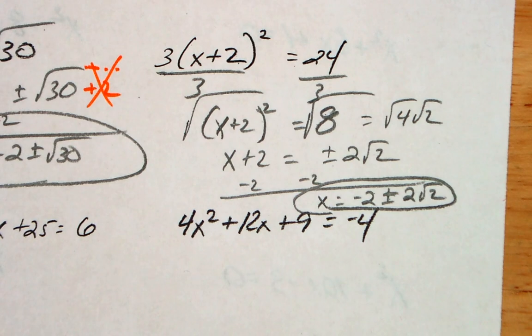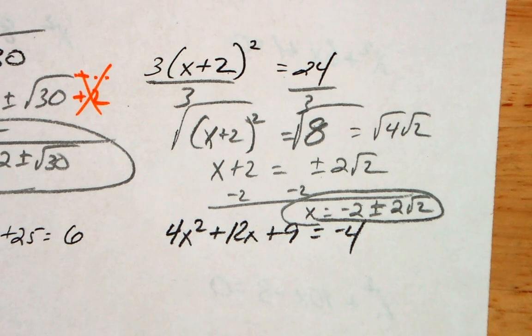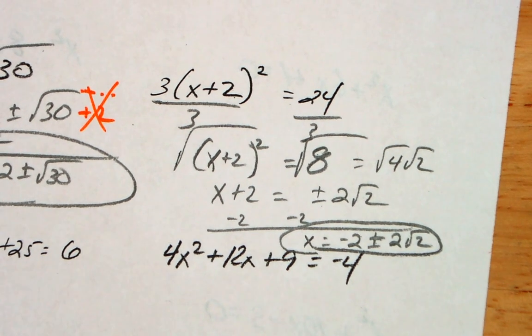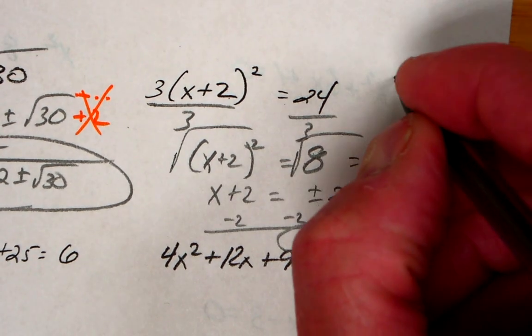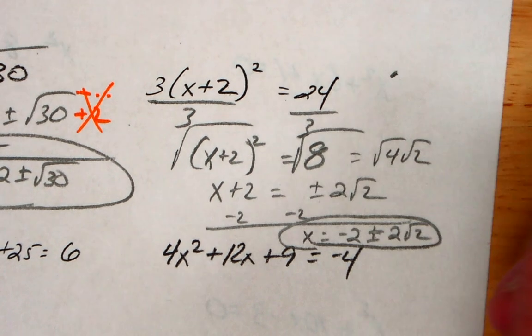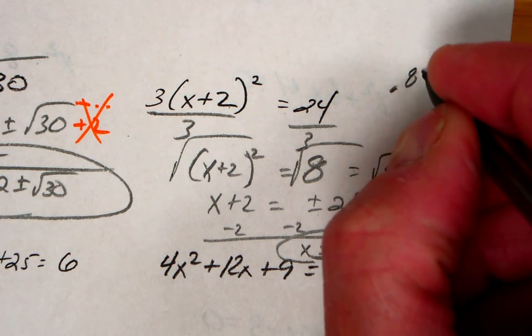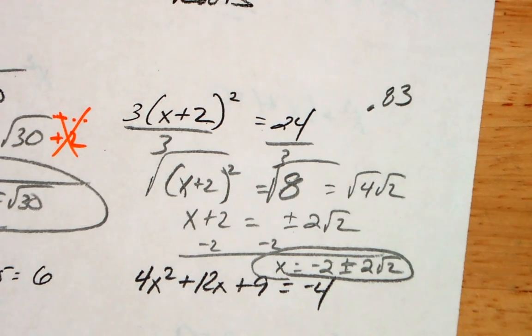Okay. So, gentlemen, what are you getting? 0.82. Okay. I'm going to go 2 decimal places just so I can talk about rounding. Usually 0.8 would be fine, but I just want to talk about rounding a little bit. What it is on the calculator is 0.828.